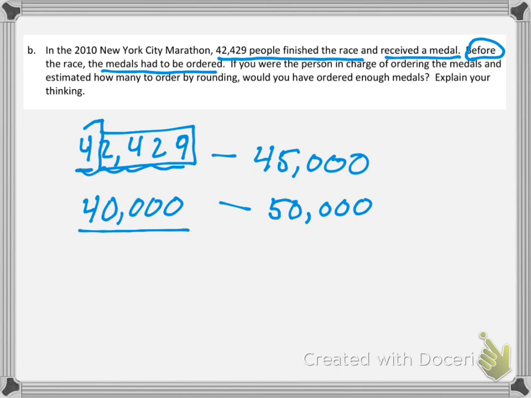So this would be a very different word problem than you're used to, because you're used to just following the rules and looking next door at the number next to it. Are you closer to 40,000? Are you closer to 50,000? And we would say that we're closer to 40,000. But because you have to put in a specific order and be close to this number, you can't round down. You have to round up, either to 45,000 or 50,000.